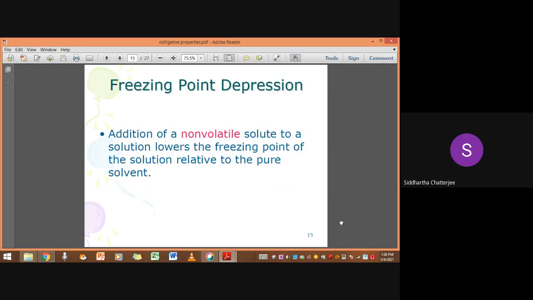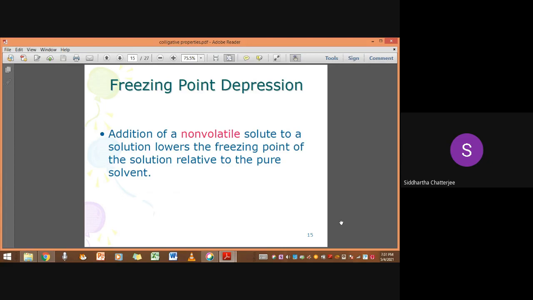Okay. Then the freezing point depression, as you understand, we have already explained. The addition of a non-volatile solute to a solution lowers the freezing point of the solution relative to the pure solvent. Earlier you find TB greater than TB0, where TB is the boiling point of the solution and TB0 is the boiling point of the pure solvent. Whereas here you are finding depression in the freezing point, that means TF0 minus TF.